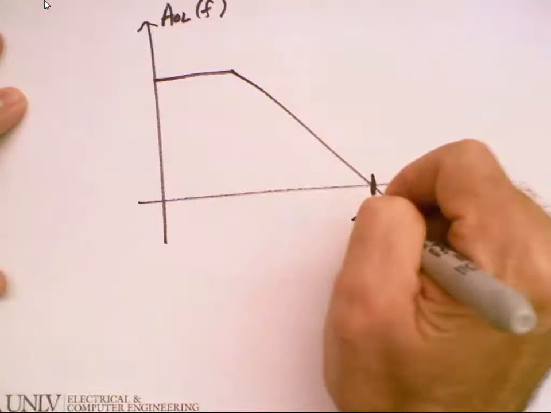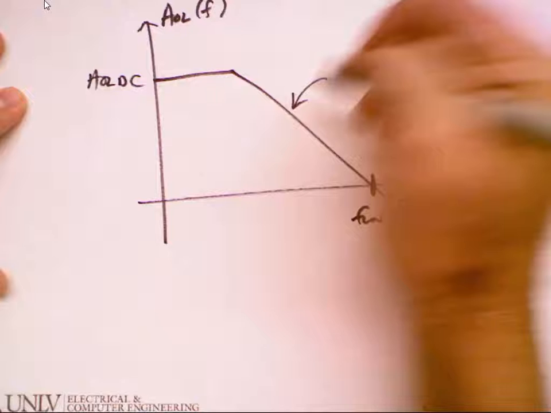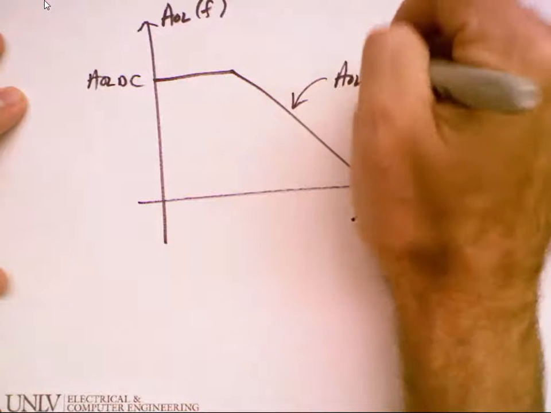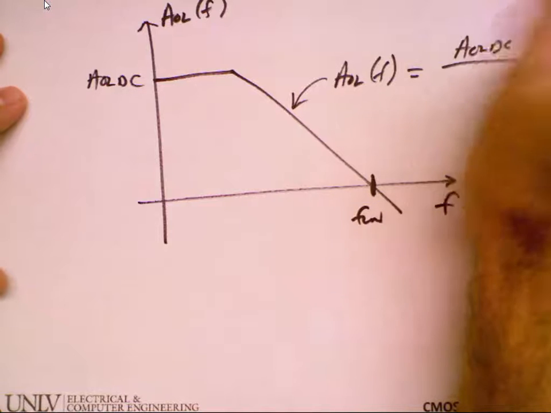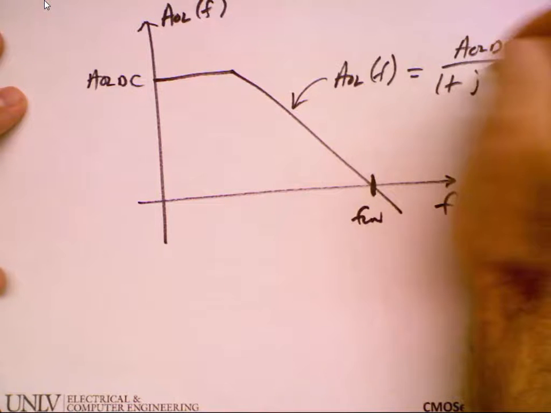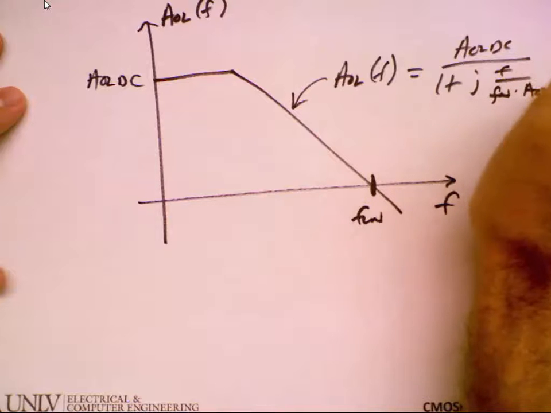This is the unity gain frequency, this is the DC gain, and then this curve is AOL of F is equal to AOL DC divided by 1 plus jF over F unity times AOL DC.